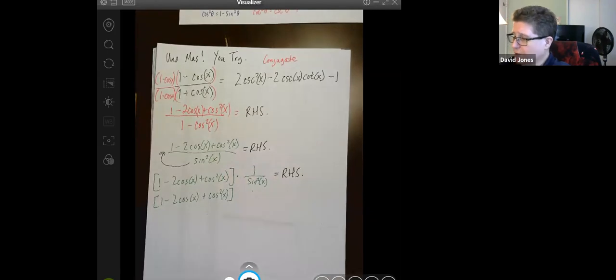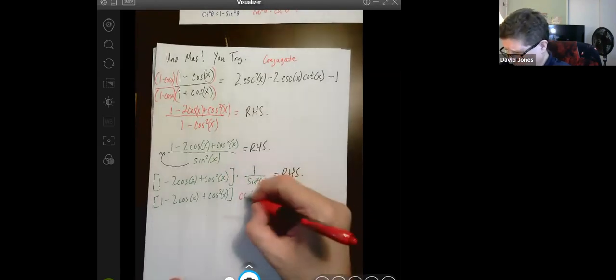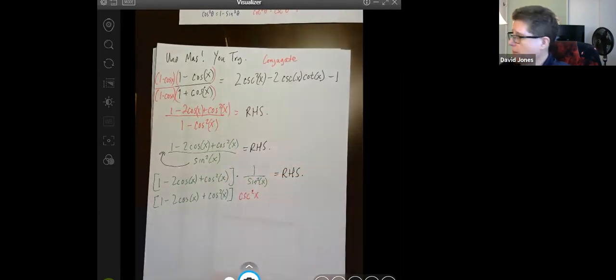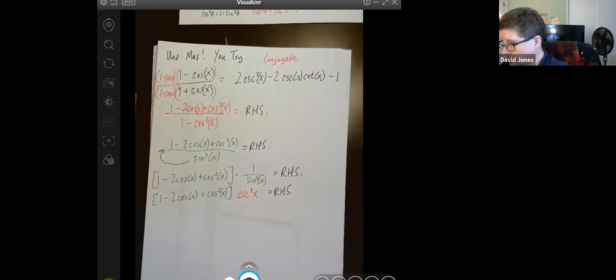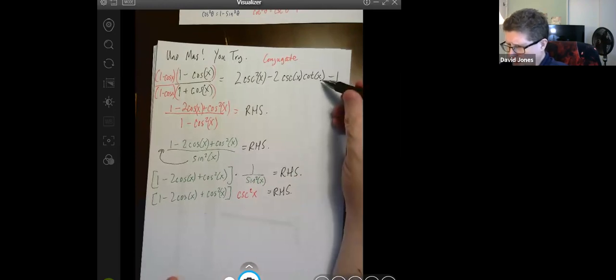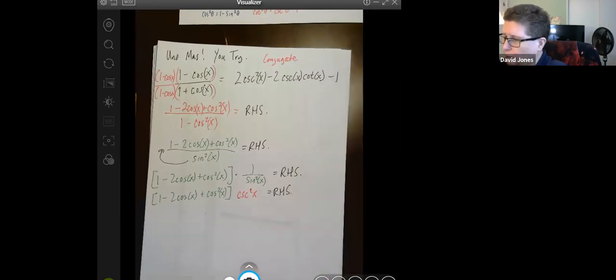That's cosecant squared x, right? So we're trying to get to here. Maybe we should work that a little bit.